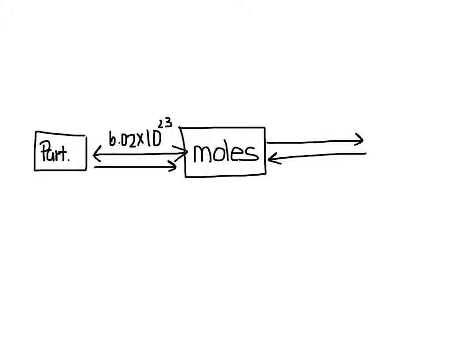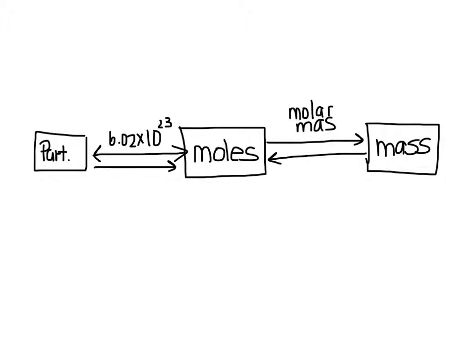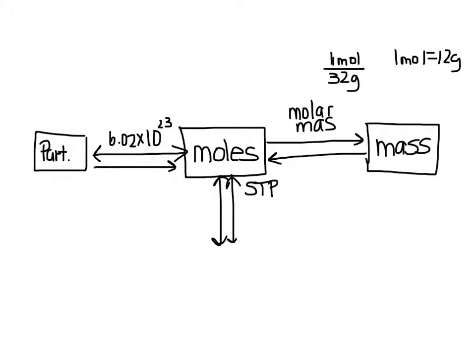If I want to know how much a mole of some particular thing weighs, or vice versa, I have a mass and I want to know how many moles I have, so this is going to be our mass, then I'm going to go to the periodic table and I'm going to use molar mass. For example, if it was oxygen, then I would know that 1 mole of O2 would weigh 32 grams, or 1 mole of carbon would weigh 12 grams, etc. And finally, only in very, very specific cases, if we are at standard temperature and pressure and we're talking about gases, I can also figure out how much a mole of gas will take up.